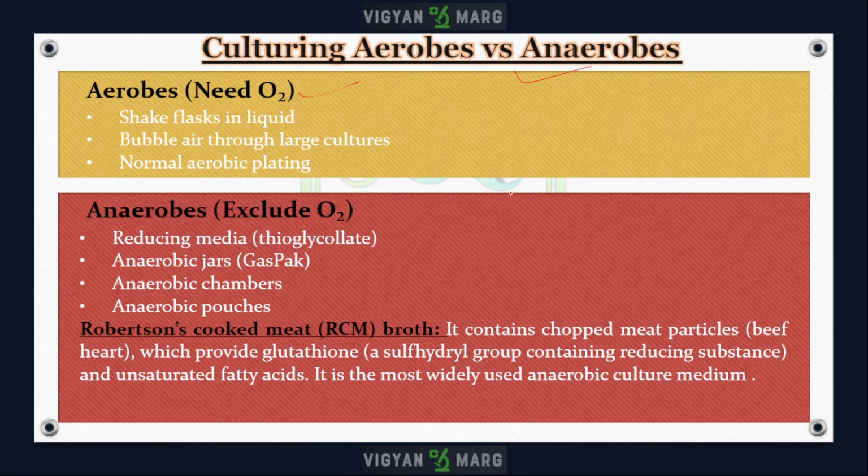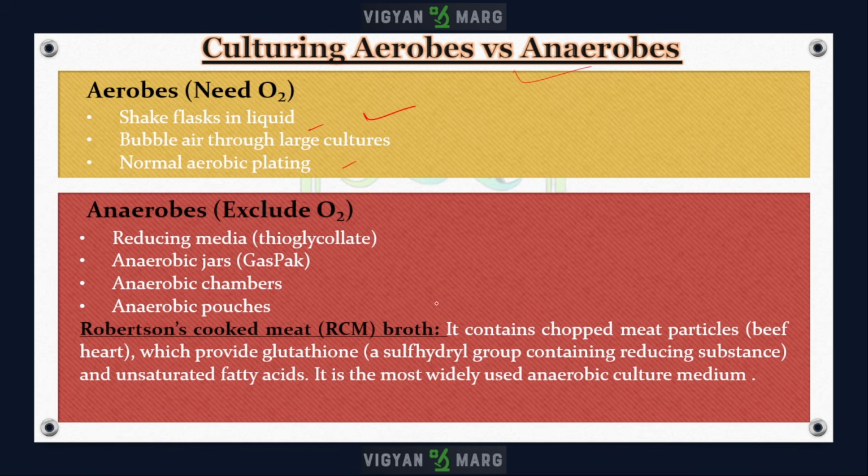Aerobes, which require oxygen to grow, can be easily grown by shaking flasks in the incubator, bubbling sterile air through a large fermentor, or simply using normal aerobic plating on the agar surface. You can grow the aerobic microorganisms this way.